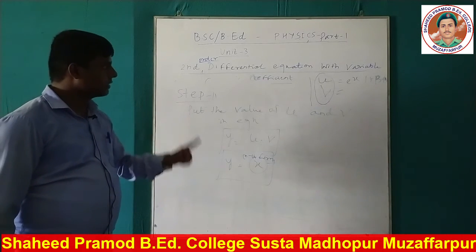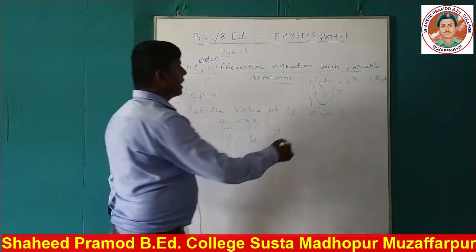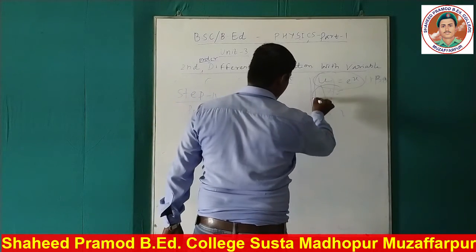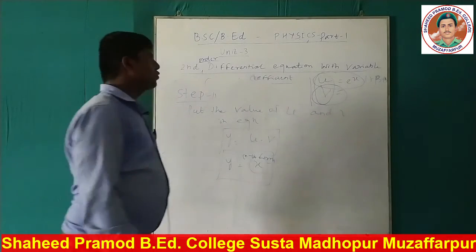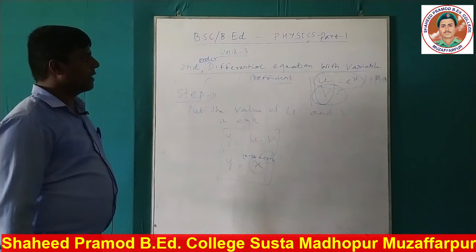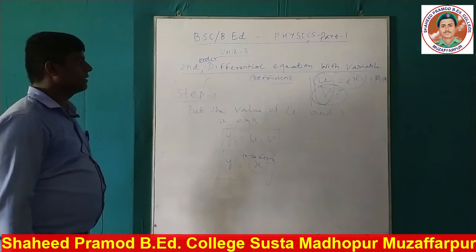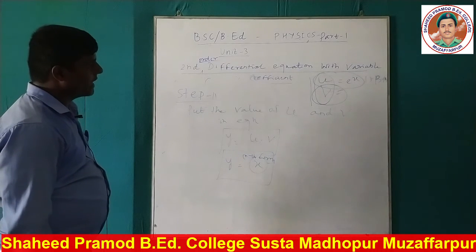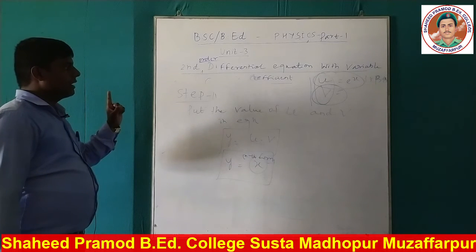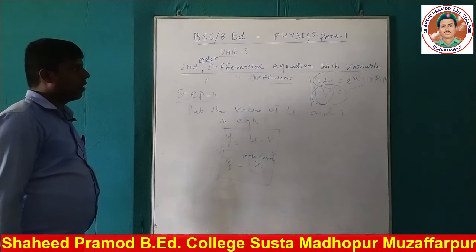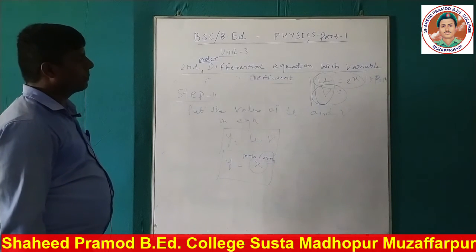When the condition is satisfied, you can find v is equal to e raised to x, and for calculation of v, you have to differentiate the given equation with respect to x 2 times, then put the values of d2y upon dx square, dy upon dx, and y in the standard form converted equation. Then you will get the equation in terms of v in place of y.